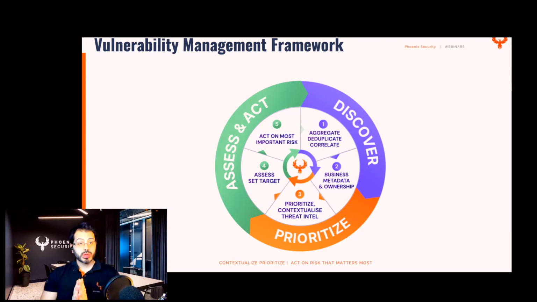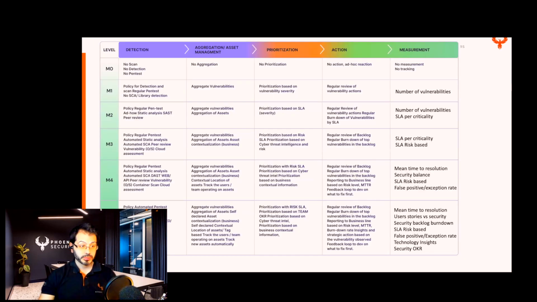The last part of the framework will focus more on actionability and how to route problems and information to the team that is supposed to look and see where those vulnerabilities need to be solved. That is quite an important part of the framework that we will focus on, together with the metrics and measurement. The framework is available in the current 1.2 version across the board, and it covers, as I said, from detection to aggregation.